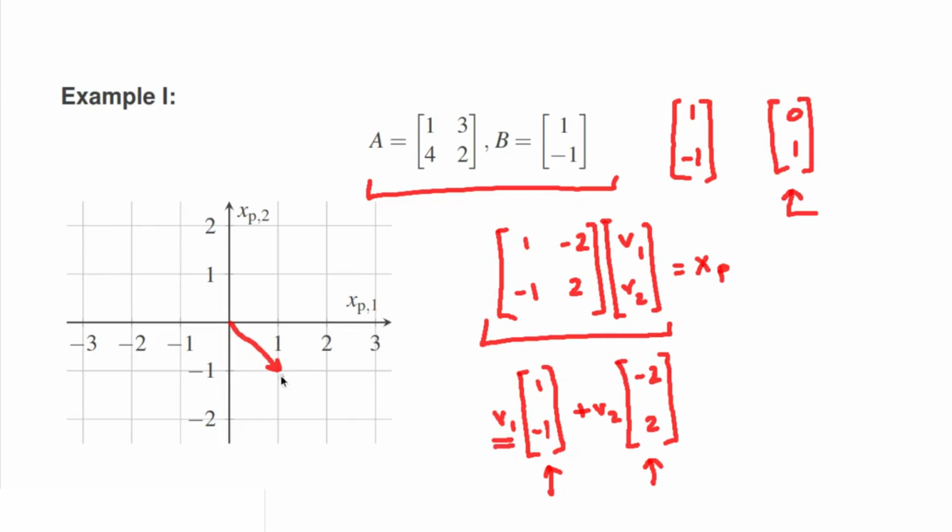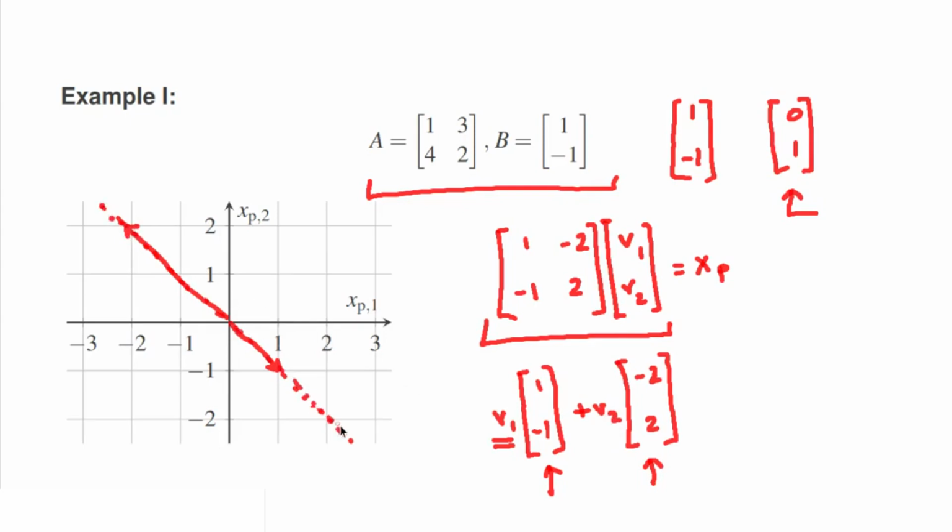If we choose positive values of v1, this will lead to points like so, and negative values like so. But no matter how we choose it, the point will always lie somewhere along this line. Now let's do the same thing for the second term. So taking m2, that's the vector -2, 2. So that's this vector here. The effect of choosing different values of v2 has the effect of scaling this vector.